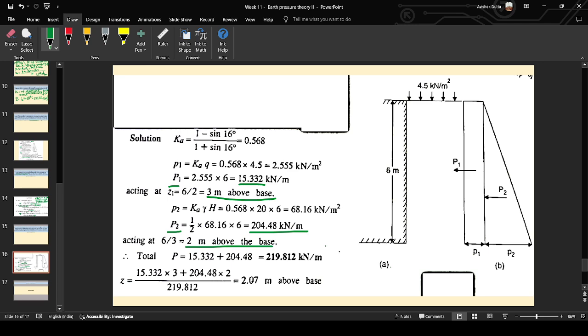So again total pressure is P1 plus P2, 219.812 kilonewton per meter length of the wall, and then Z, the point of application of this total pressure, equals P1 Z1 plus P2 Z2 divided by P1 plus P2, approximately 2.07 meter above the base.